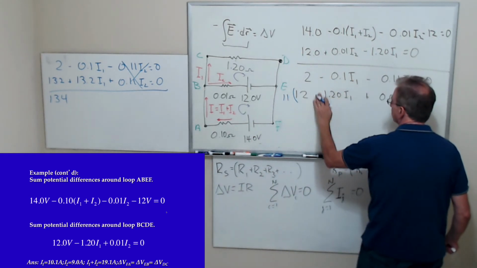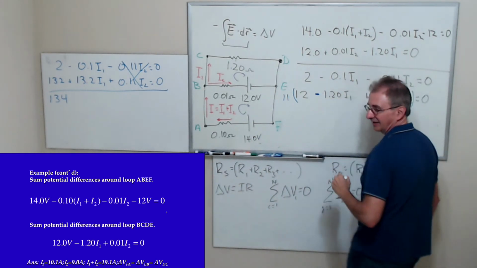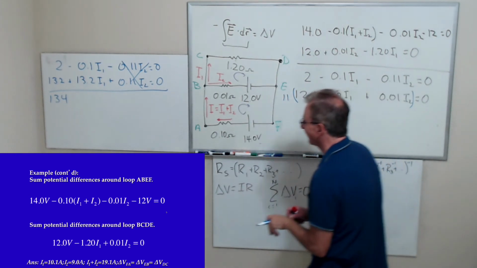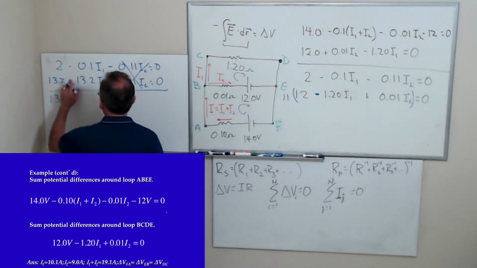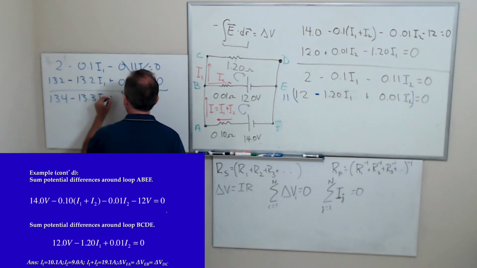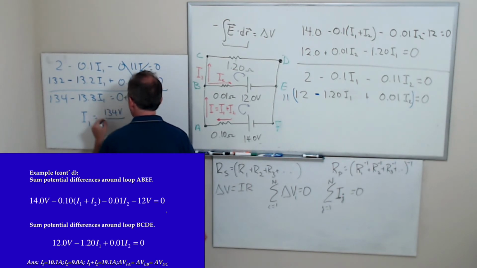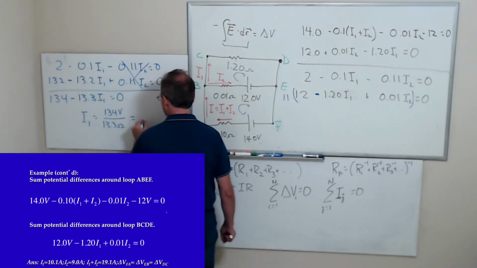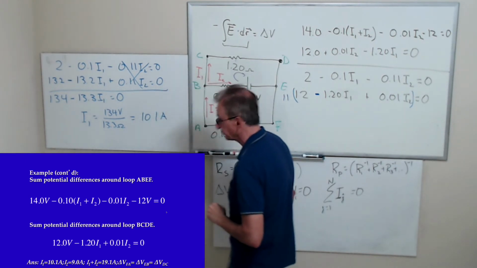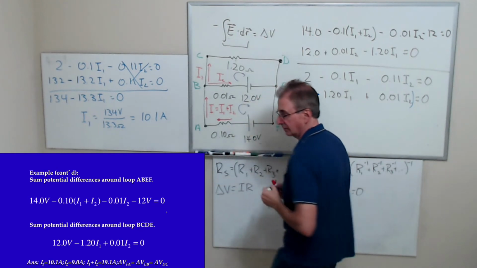I forgot the minus sign. Sorry. I was about to ask about that. I was wondering where you got the plus sign. And so I1 is 134 volts over 13.3 ohms. And that's going to come out to be 10.1 amps.